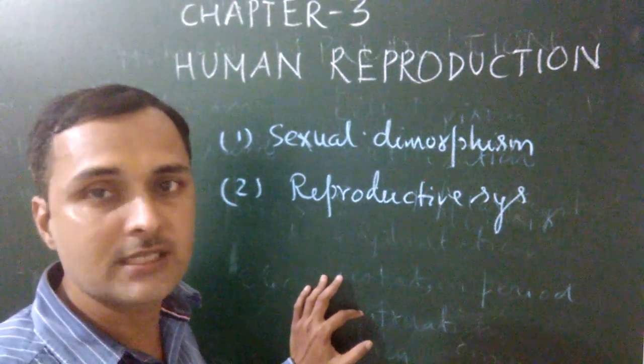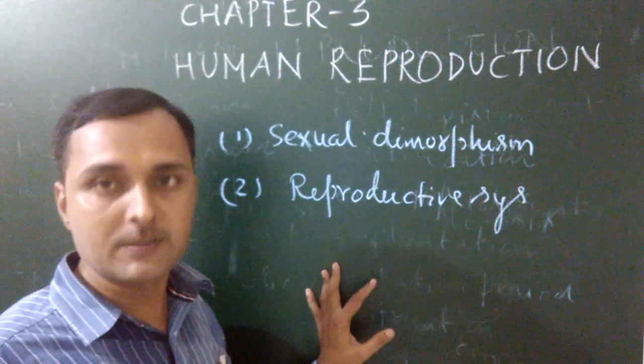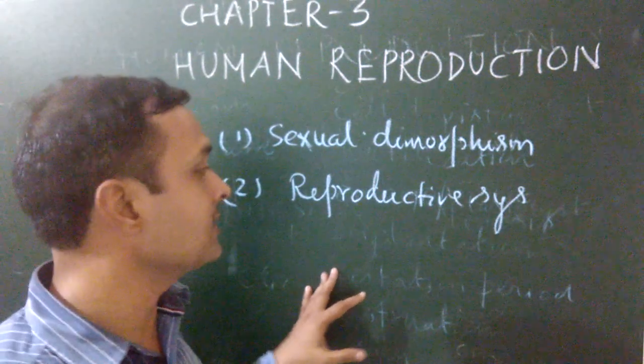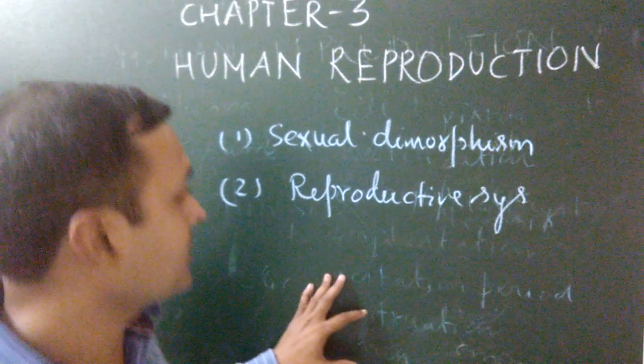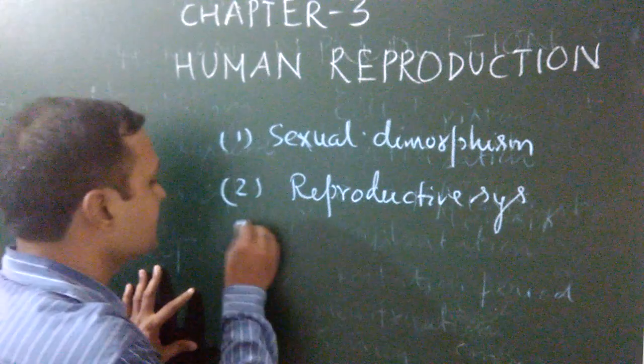In human males, it is known as the male reproductive system, and in human females, it is known as the female reproductive system.